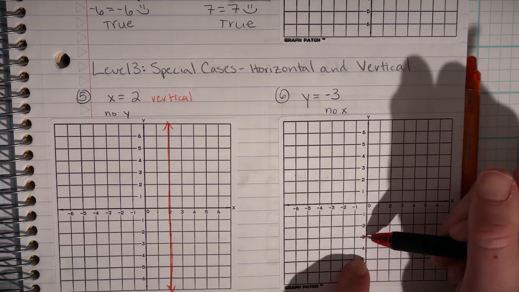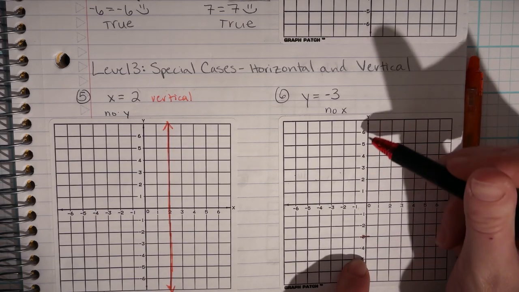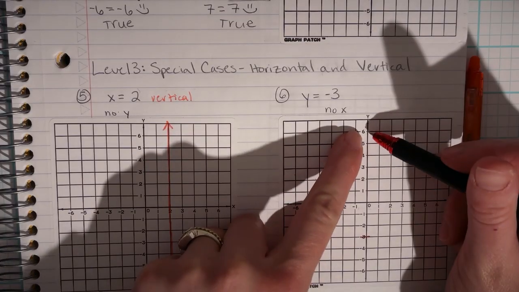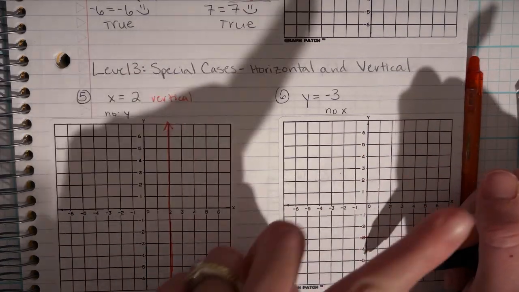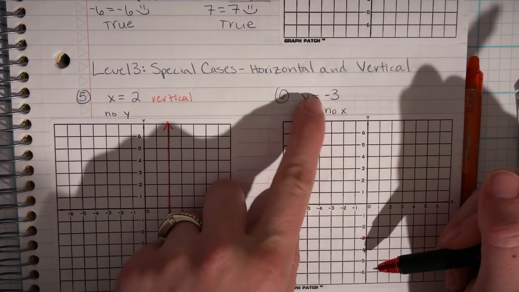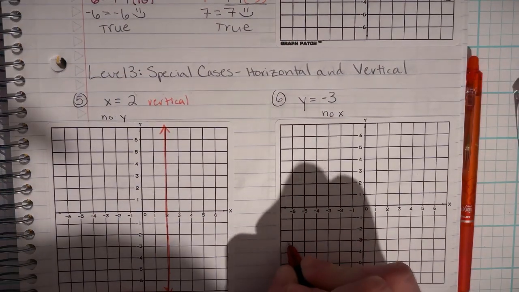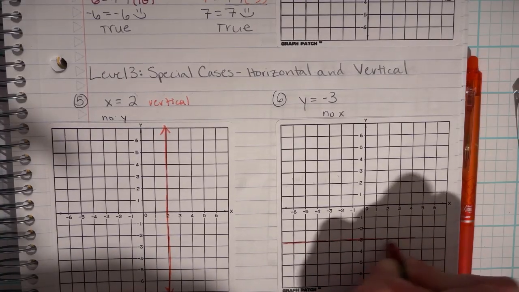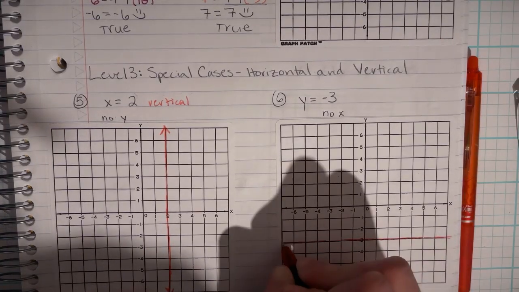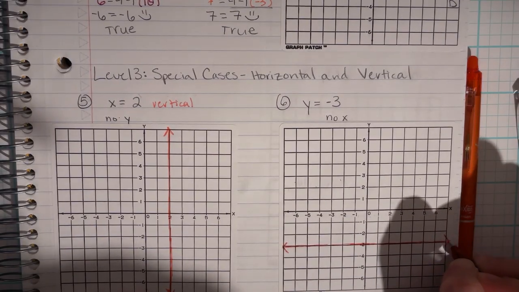Well, if I am here and I want to go all up and down like I did before, what happens is I'm now touching every single y value that is on this line, and that is not what we want to do. So we have to go side to side. That's the only way we can only go through this y value of -3. It doesn't say anything about x's, so it's okay if we go through all the x's. But we definitely only want to go through that one y value.